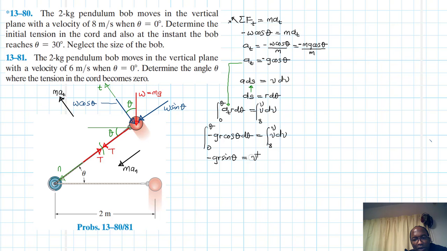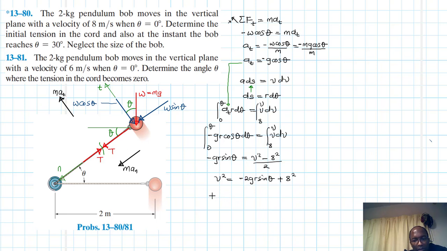This is just equal to v squared minus 8 squared divided by 2, and therefore our v squared will just be equal to minus 2 g r sine theta plus 8 squared, right? So with this equation, we'll leave it like this.